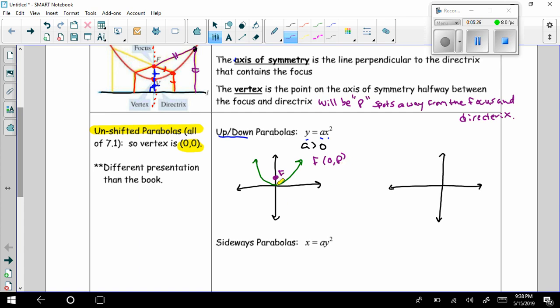So we'll call that point 0, p. So again, unshifted, 0, p. It won't always be that. Which also means that that same distance away down here, we will have a line at y equals negative p. So shifted that same distance. So this would be 0, negative p, this point here that passes through below your parabola. Okay, so this is when it is open up because a is greater than 0, and you have those 2 points.